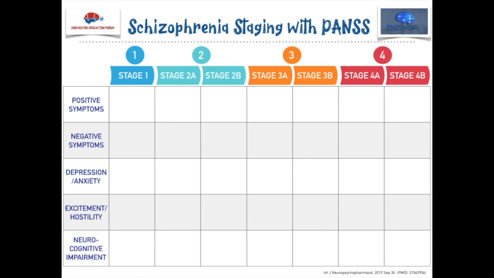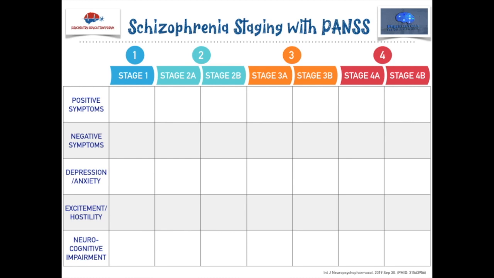As you can see, stage 2, 3, and 4 were subdivided into 2 parts, 2A, 2B, 3A, 3B, 4A, 4B. So without wasting any time, let's discuss how these 5 symptom domains changed with each stage, or I should say progression of schizophrenia. So let's start with stage 1.